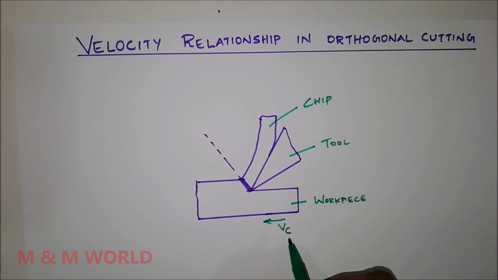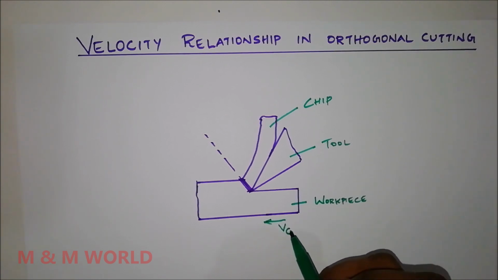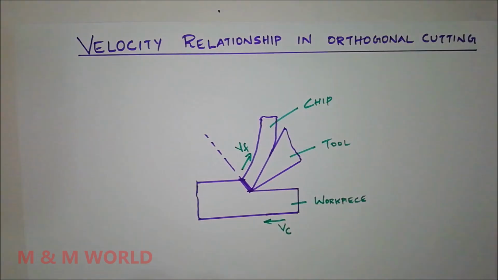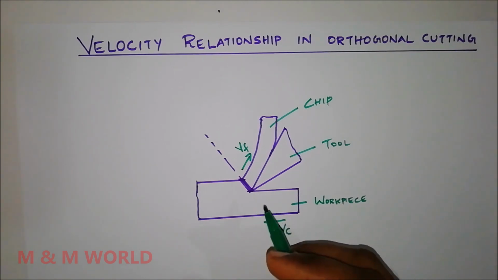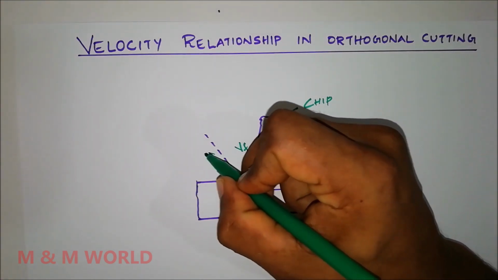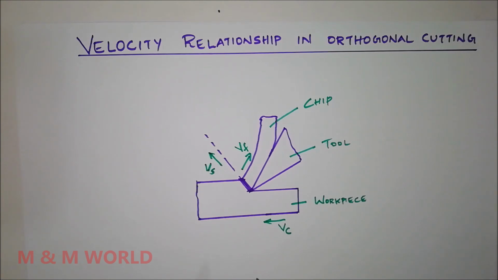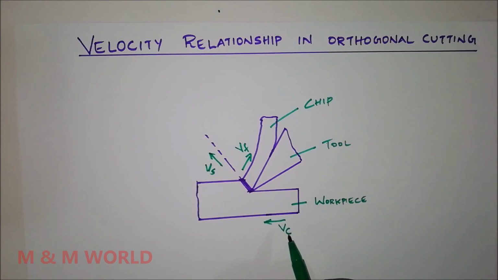The second one is VF, that is the velocity of chip flow relative to tool, and the third one is VS. VS is the velocity of shear, or velocity of displacement of the chip along the shear plane relative to work. So these are the three velocities.